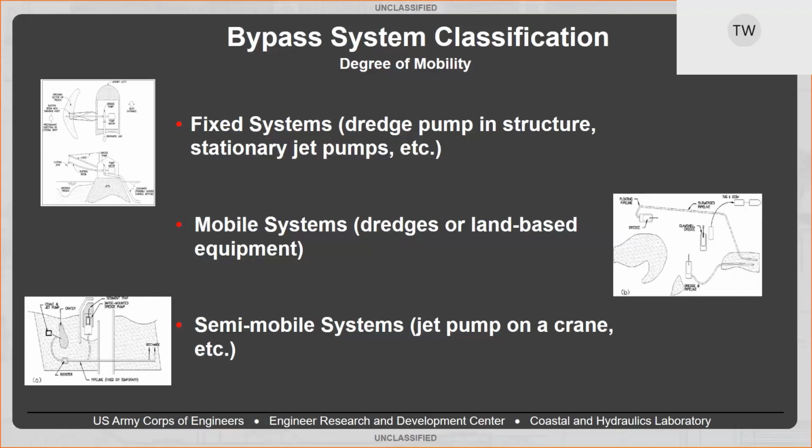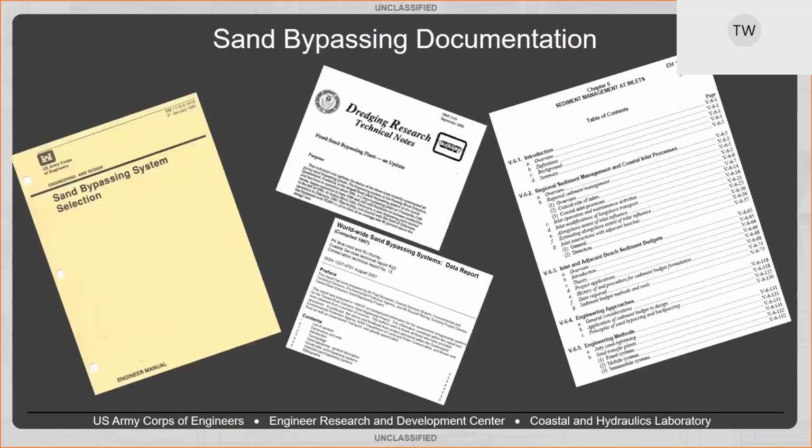Well, if you go off the subject matter, you're going to be disappointed, because the readily available literature is extremely dated. The sand bypassing system selection EM was back in 1991, and the Coastal Engineering Manual, Chapter 6, was published in 2003.